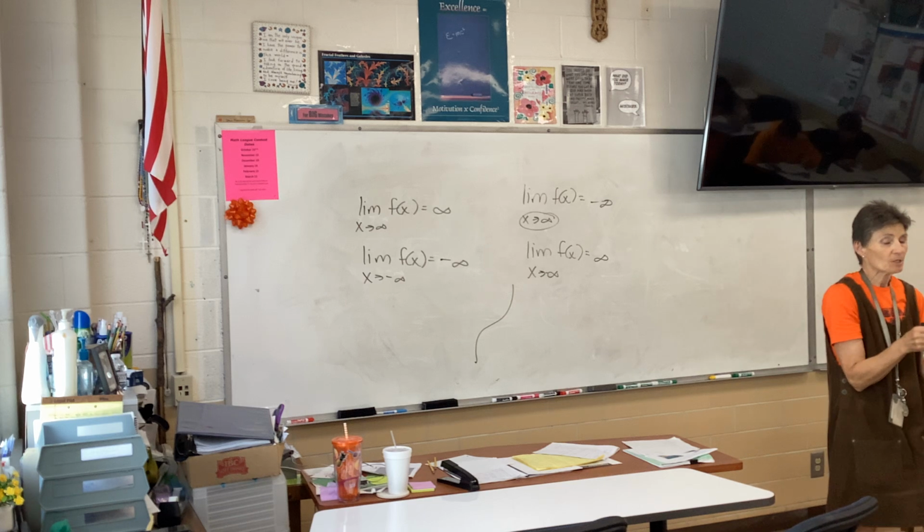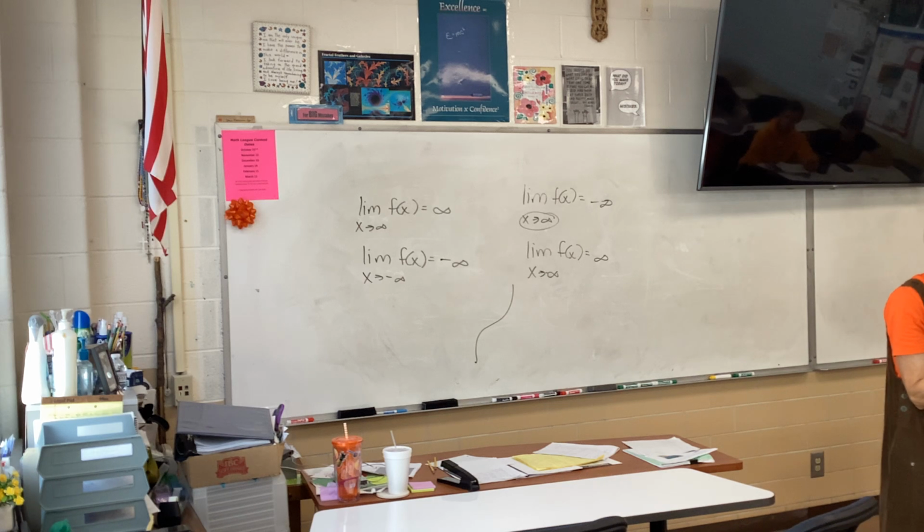Okay, they tried to trick you. Are your eyes open? Guys, what's the degree of the given polynomial? 6, and the coefficient is negative. So that end behavior is going to match B, isn't it? Yep, all right, that's it.